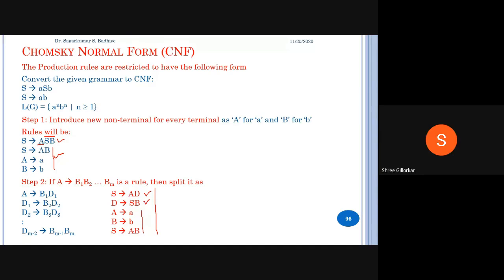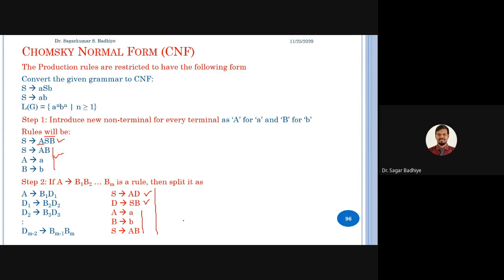The thing is that instead of adding S derives to AB at the start, I wrote it at the end. This is just copied from here to here. Actually, while typing, I left this, and that's why I added it to the end. You can add it over here also in between. There is no issue. The rules can be placed up or down anywhere.